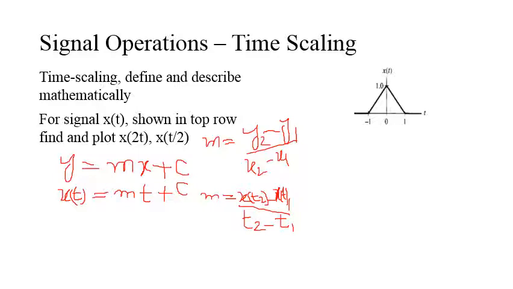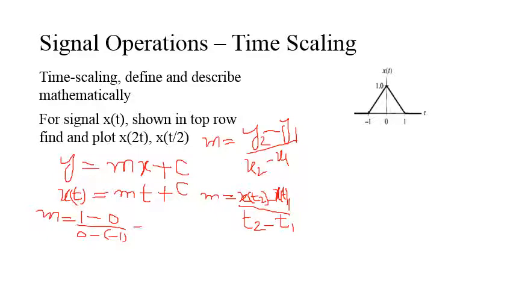So m equals, at this point it has value 1, so 1 minus, at this point it has value 0, divided by, at this point the value of t we call t2, so it's 0, and this is t1, so this is -1, so 0 minus -1.